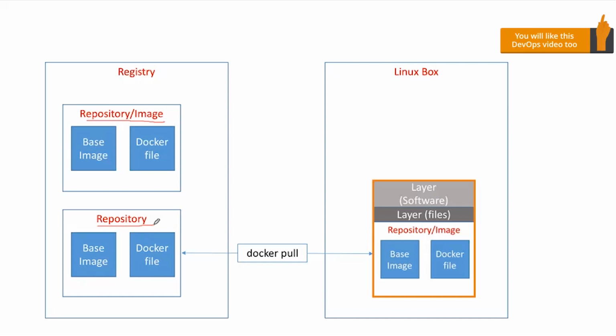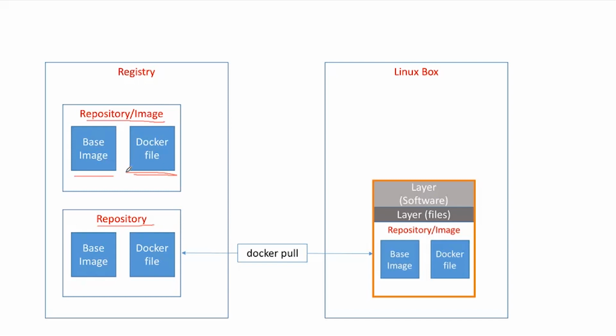Often you'll see in the Docker documentation that images are closely linked to what they call a repository. A repository being a base image of some sort, like Ubuntu or CentOS or even Windows, and then what we built last week called a Dockerfile.